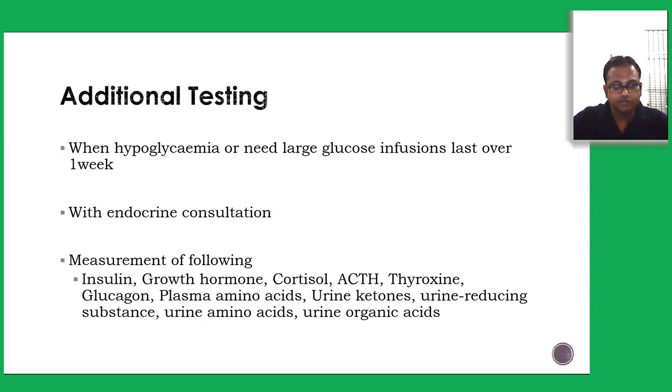The list of hormones we can check are listed there: insulin, growth hormone, cortisol, ACTH, thyroxine, glucagon, plasma amino acids, urine ketones, urine reducing substances and amino acids, urine organic acids, and so on.